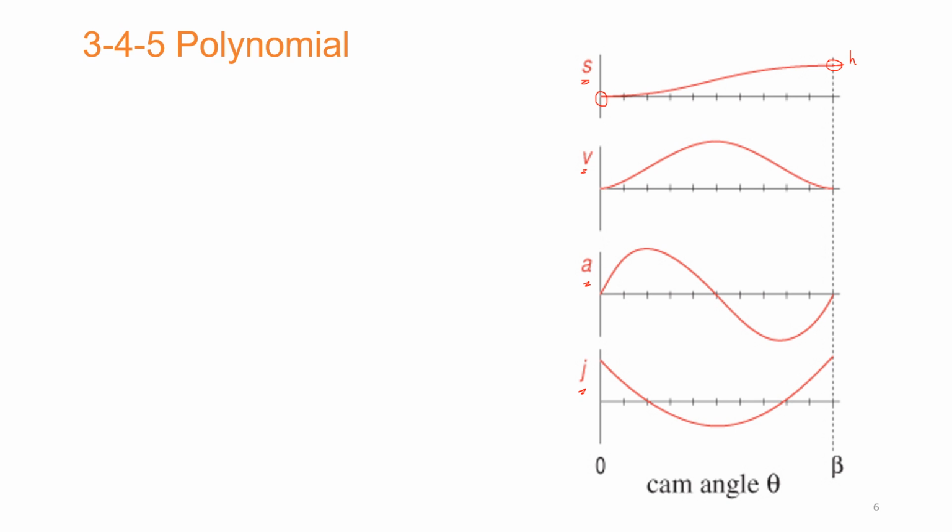Then ideally I would suggest that velocity should start from a 0 value. It should start from having no motion or no velocity, and then once the height is achieved, it should get back to 0 velocity as well. So these are going to be further 2 boundary conditions. And then in case of acceleration, because we have done quite a lot of discussion corresponding to acceleration, we said that ideally we should start from 0 acceleration, and it should reach the 0 value at the end of the required motion.